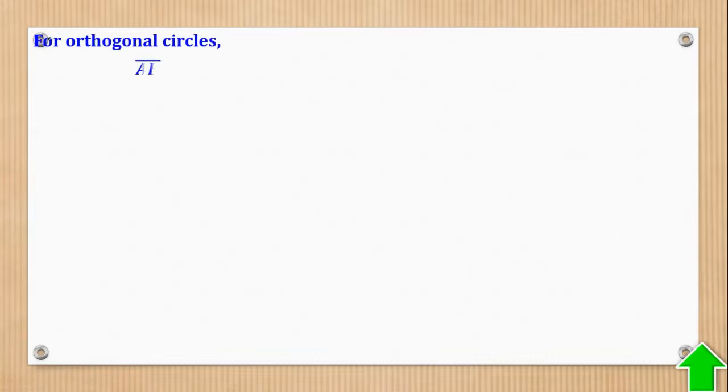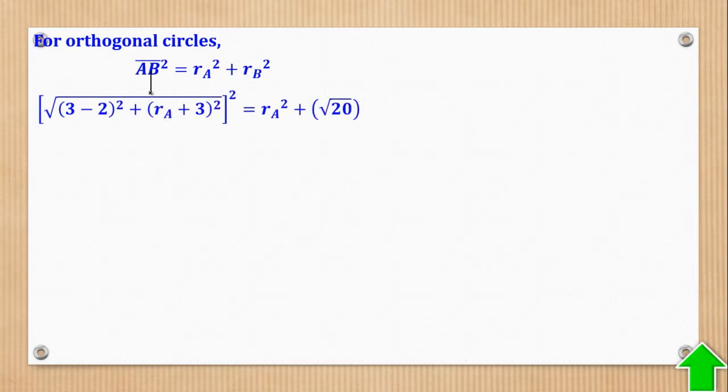For orthogonal circles, AB squared is equal to RA squared plus RB squared. I think you remember that. So I'm going to substitute: AB squared is that distance between 2 points. Then RA squared, you don't know it, and this one is that.